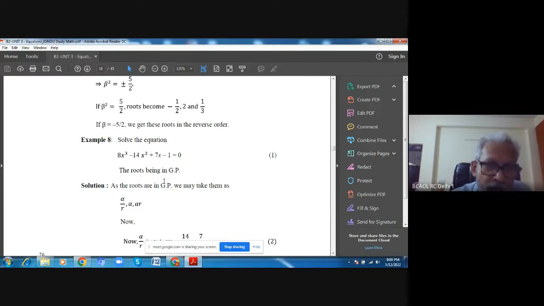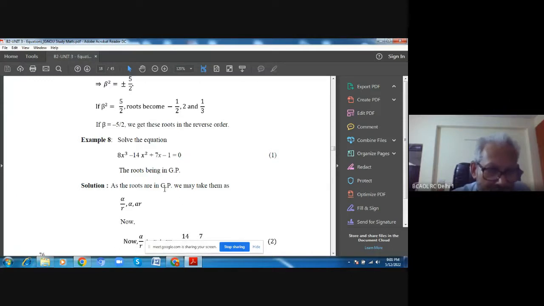So if we consider alpha, the previous figure will be alpha by r. R means the common ratio, common division. If we multiply the value here with the common ratio, then you can get the next values.